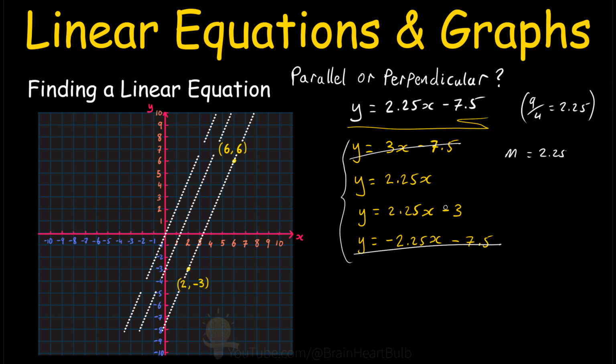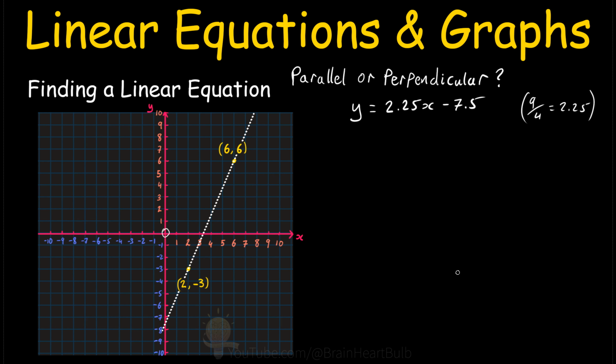The next thing we do is look at the y-intercept. So we've got a -3 for this equation here, which means that this line that crosses the y-axis at -3 matches this equation. And this equation has a value of 0 for its y-intercept, which matches this line here.